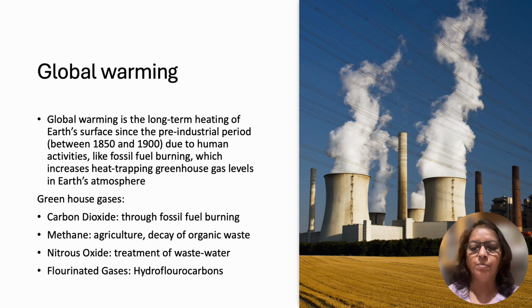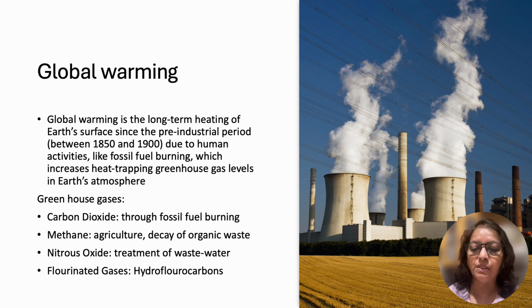What is global warming? Global warming means the heating up of the environment of the earth as compared to previous years. It is actually defined as the long-term heating of the earth's surface since the pre-industrial period. That is, we are talking about between 1850 to 1900 and afterwards.